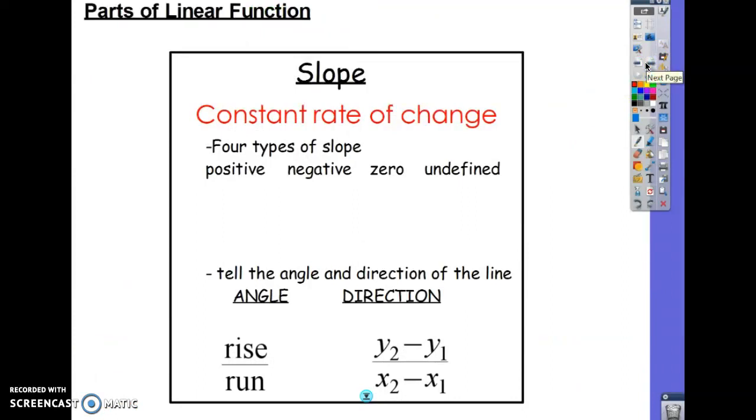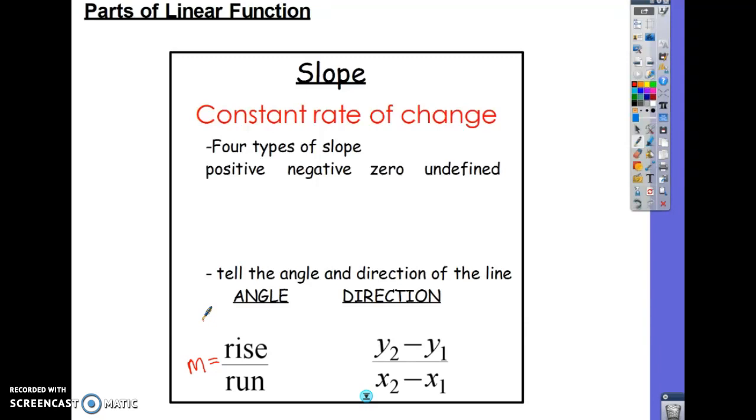Parts of a linear function. So our slope, again, it's that constant rate of change. We have those 4 types. It tells the angle and direction of a line. Slope is also known as rise over run. So we'll use this a lot. M equals our rise over our run. Okay.